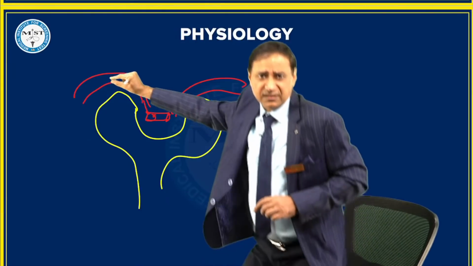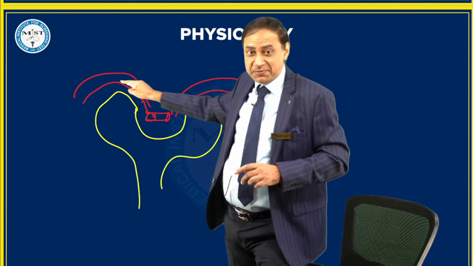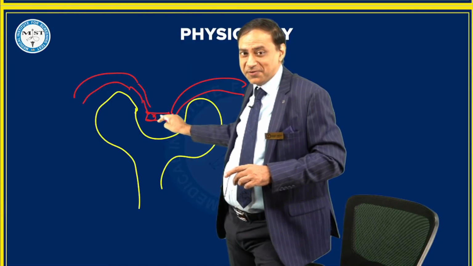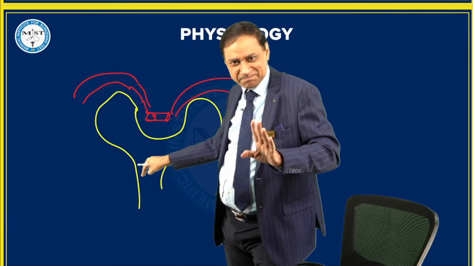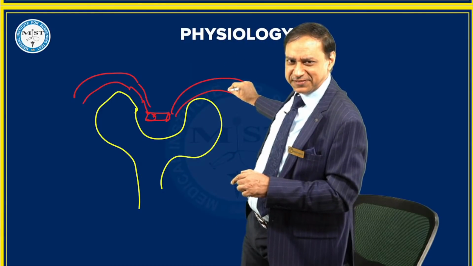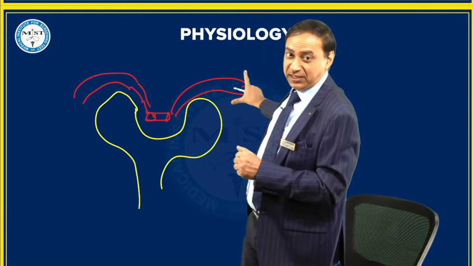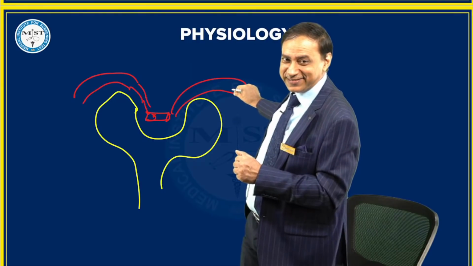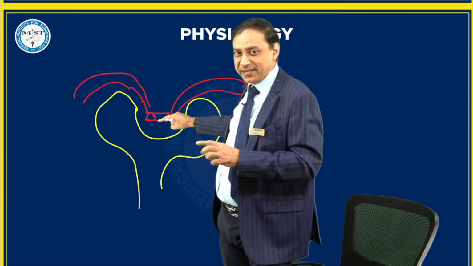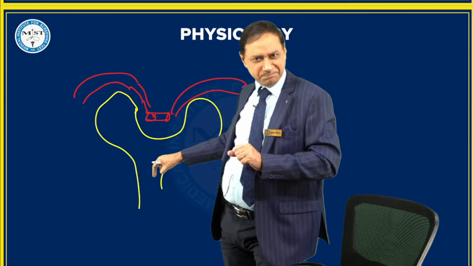If this arteriole dilates, there will be more flow, so the pressure here will be more, so more GFR. Efferent constriction: this is inflow, this is outflow. If you block the outflow, pressure here will increase, so GFR will be increased.